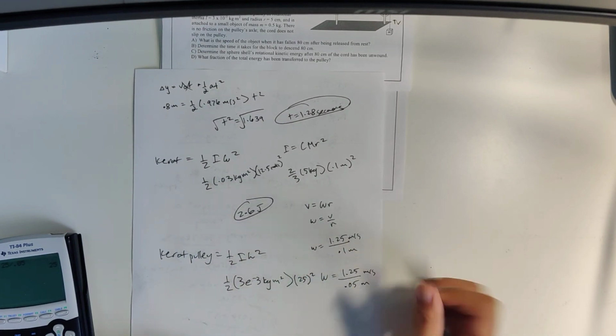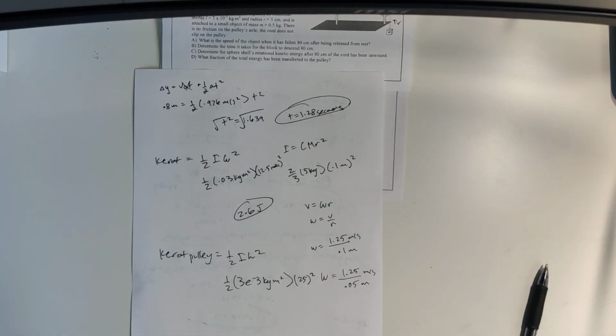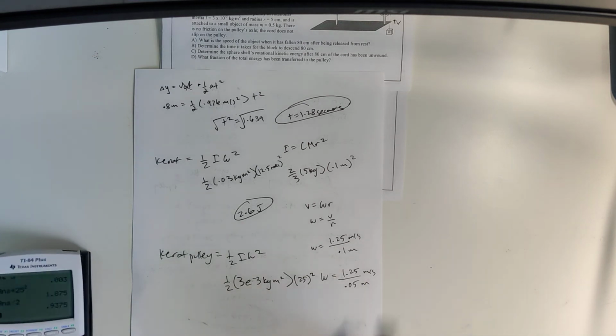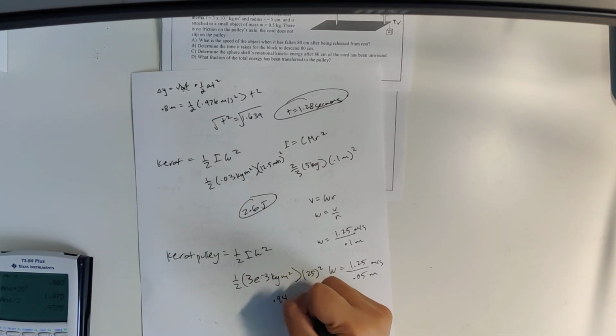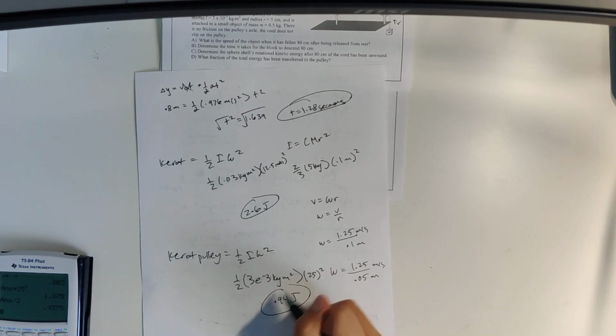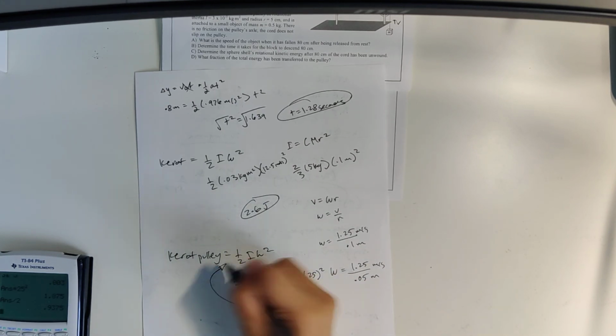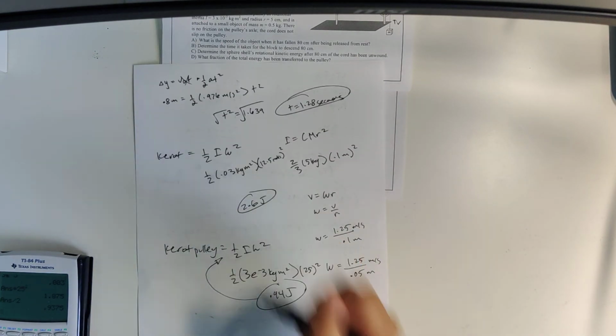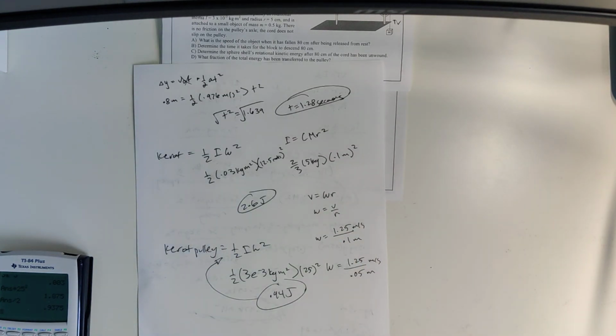Got 25, squared, remember, square it. Times 25 squared. 0.94 is your kinetic energy rotational for your pulley.